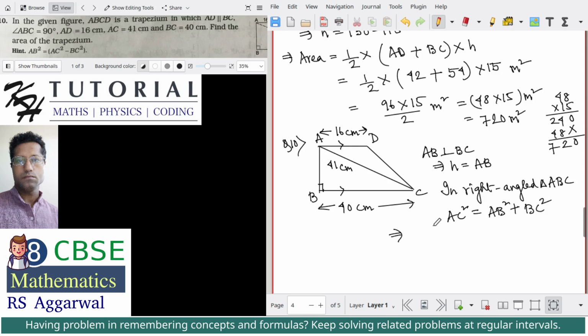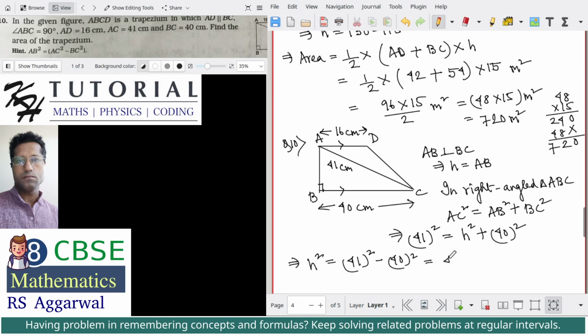This implies, AC is given as 41 centimeter, so 41 square. AB is the height of the trapezium, that is h square, plus BC is 40, so 40 square. This implies h square is equal to 41 square minus 40 square.